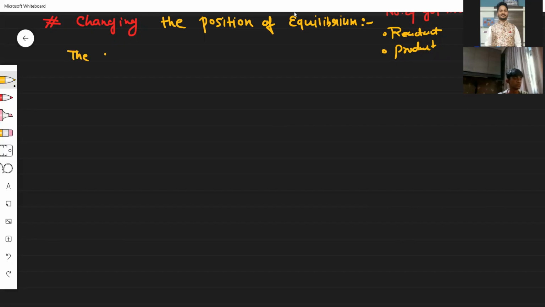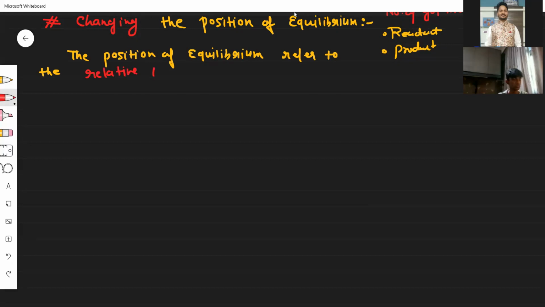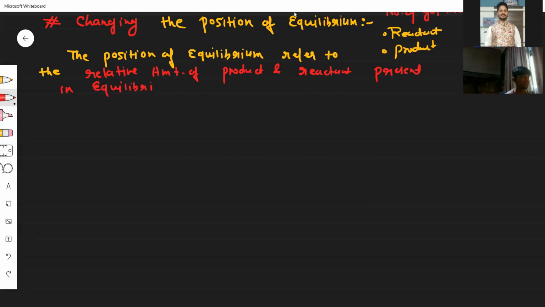The position of equilibrium refers to the relative amount of product and reactant present in an equilibrium mixture.